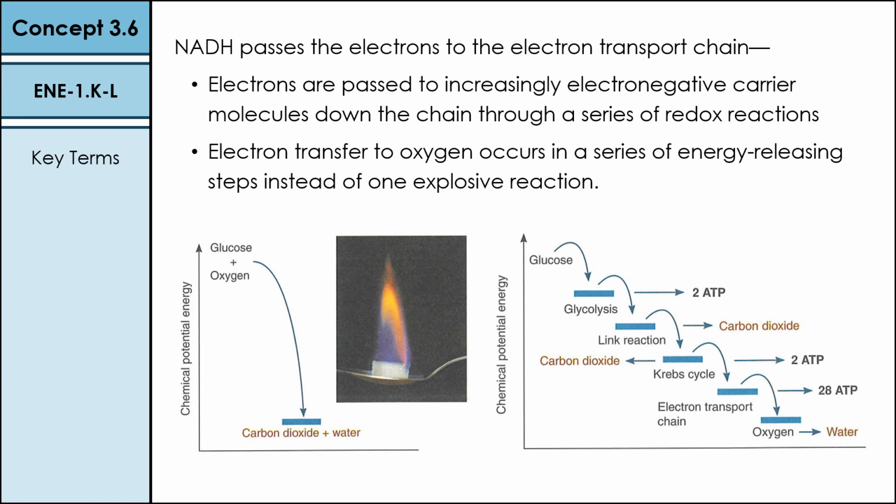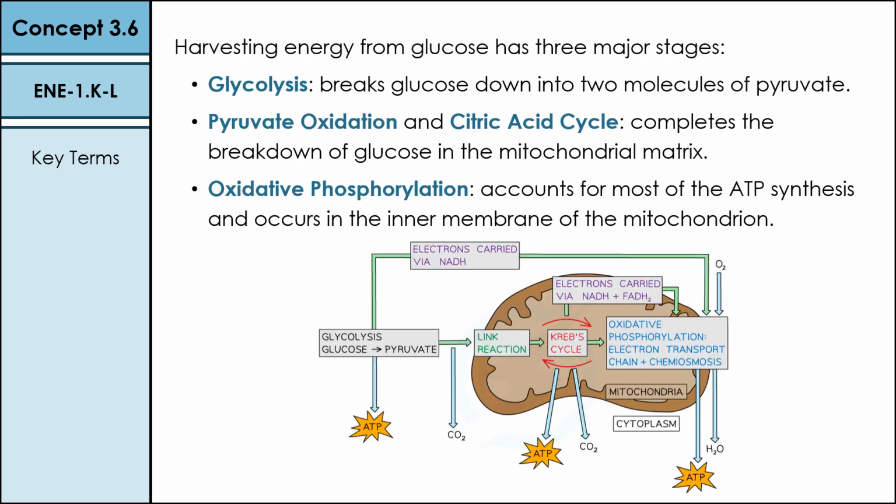When we look at the pathways by which we harvest energy in cellular respiration, we are going to break that down into essentially 3 steps. Now, this can be divided up into 4 steps if we look at pyruvate oxidation or the link reaction as its own separate step. But everything starts with glycolysis.